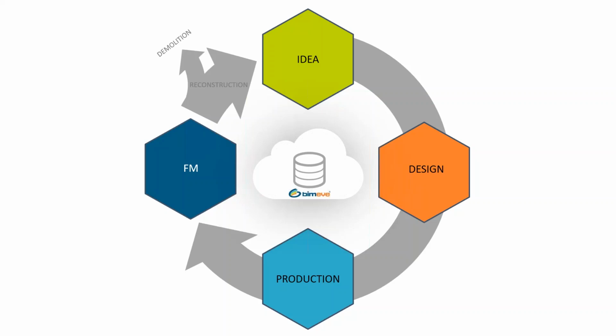That makes the work easy because you can always work in one place where you know the information is correct. In the design phase, we have a lot of examples of how they are using BIMEYE to make their work more efficient.